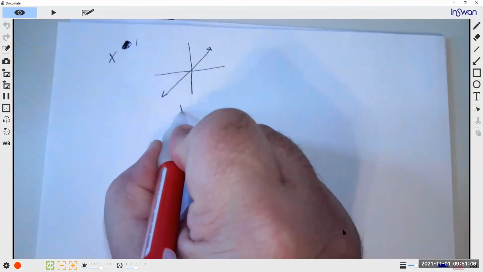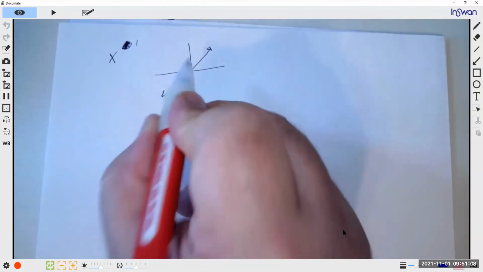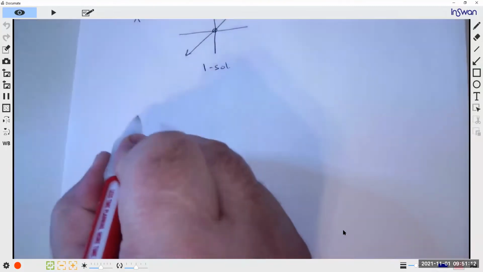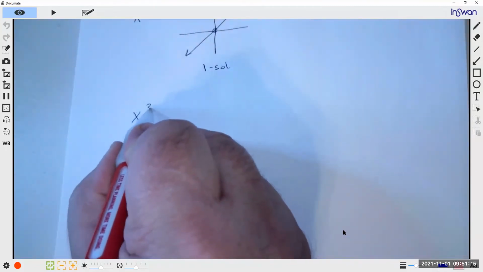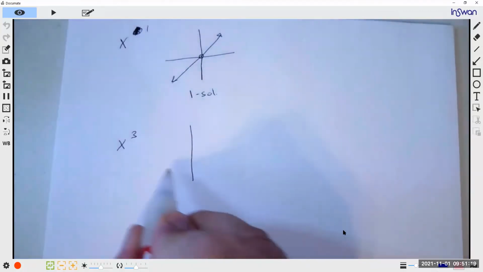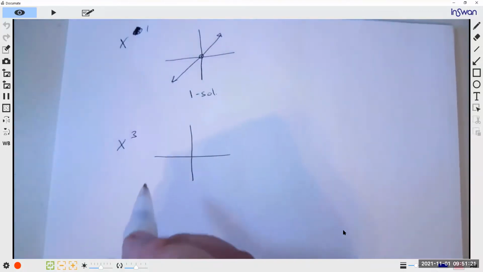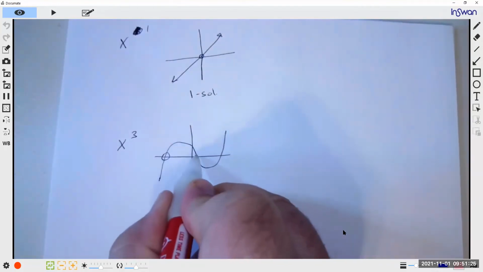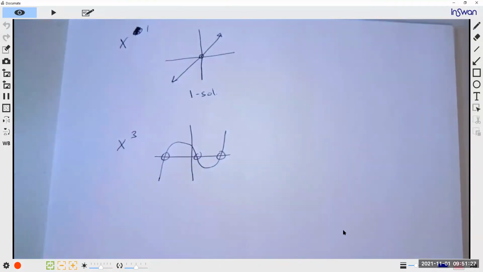You have 1 solution, 1 x-intercept. X cubed. We can have 3 x-intercepts.